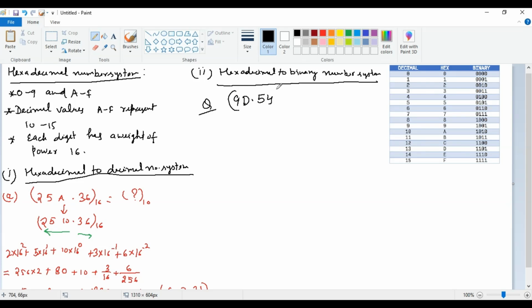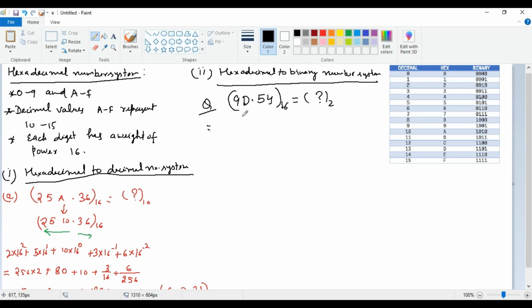90.54. This is a hexadecimal number because it contains digits 0 to 9 and A to F, and D is also a part of a hexadecimal number. Now you have to convert it into binary. It is very simple. We have to write the binary equivalent of each hexadecimal digit.